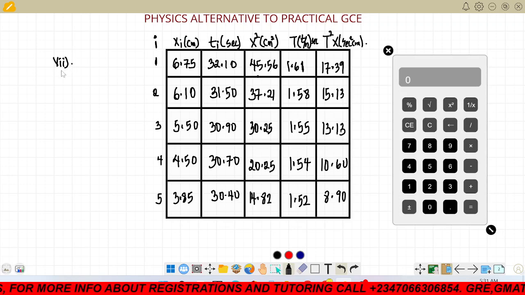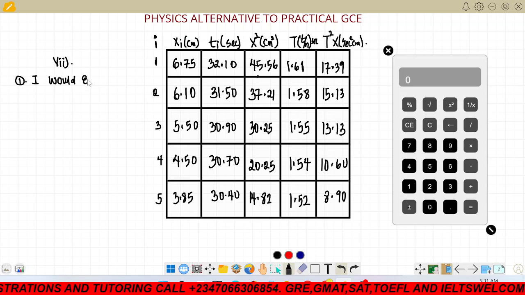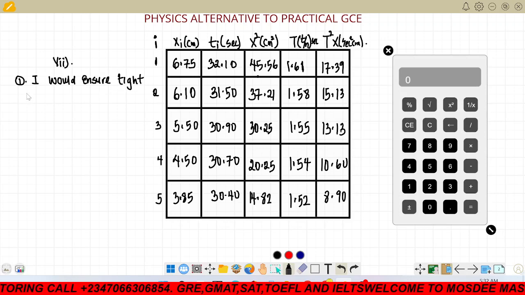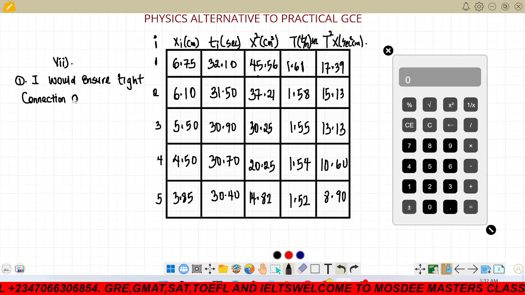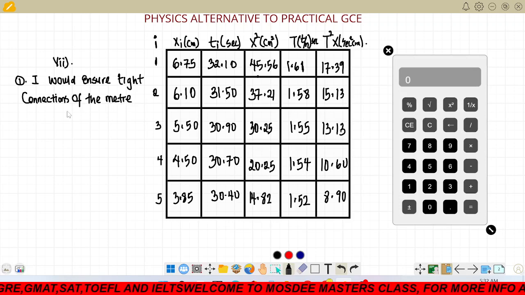About the precaution part, I told you it's kind of simple, but it is technical in the sense that the first precaution, which every one of you knows, is that I would ensure tight connection of the meter rule and clamp.